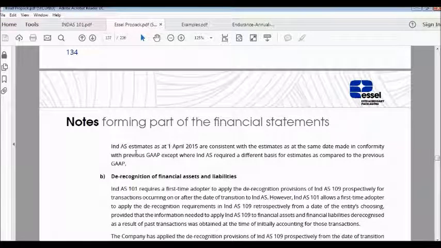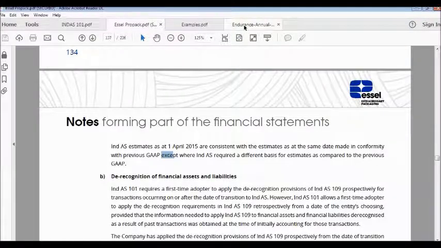Ind AS estimates as at 1st April 2015 are consistent with the estimates made at that date in conformity with the previous GAAP, except where Ind AS required a different basis for estimates as compared to previous GAAP.